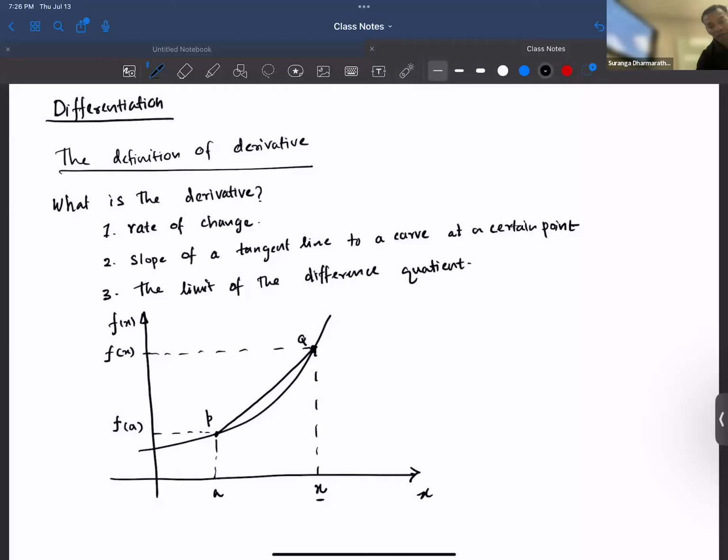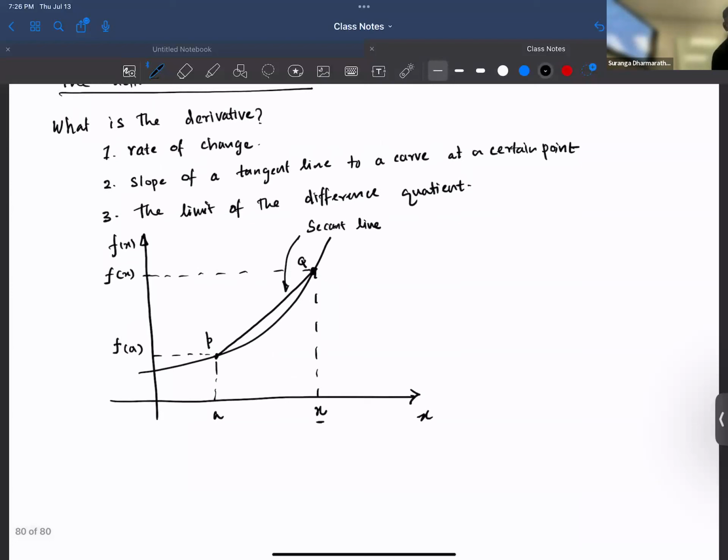Now, I can write the slope of the secant. What is this called? A secant line, right? We call this one what? A secant line. Right? And then if I ask to write the slope of the secant line, how do I write it?